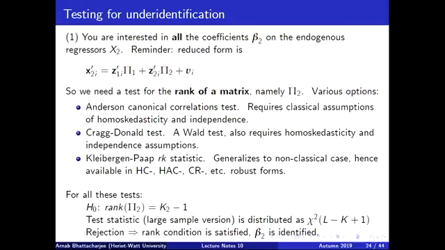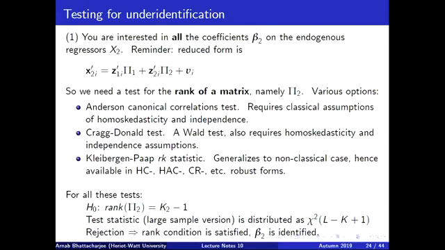This test suffices. If I can test whether the rank is K2 minus 1 and reject it in favor of a rank larger than that, then I'm fine. One could potentially have a different test, with the null that the rank is K2, and reject it on the lower side. That would be a different test. But for this test, this is how you do it.